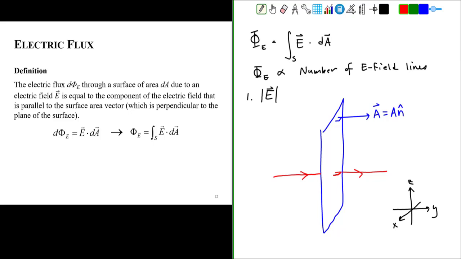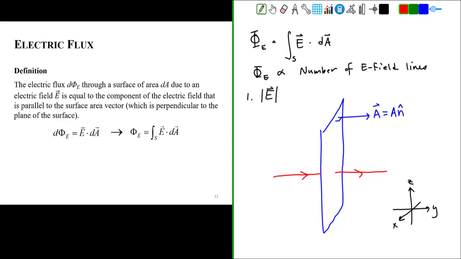This single electric field line provides a visual representation for the magnitude of an electric field, because as you know, the density of electric field lines models the strength of an electric field in a region of space.